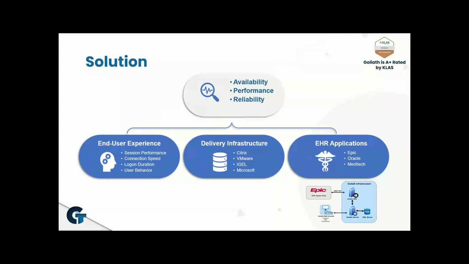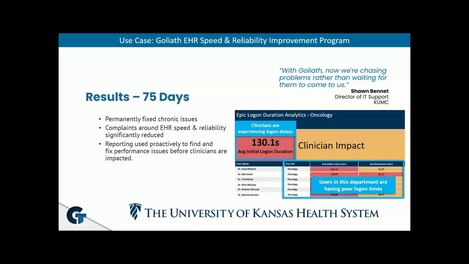End user experience, the delivery infrastructure, and a health check of the delivery infrastructure, as well as unique integration, like we have with Oracle. We have unique integration through a partnership with Epic. So we're able to pull data specific to Epic and the application into our technology.